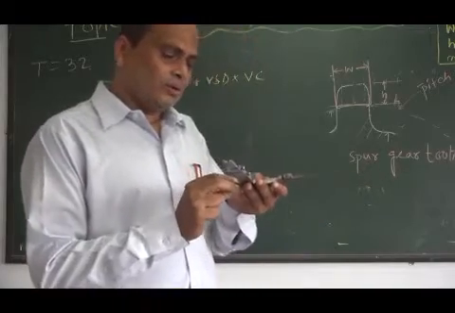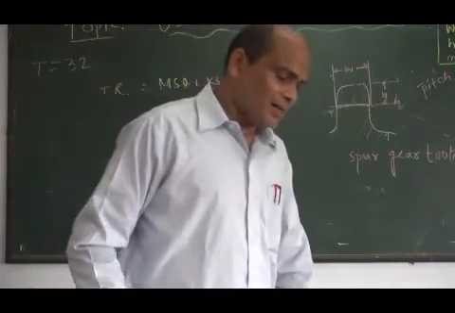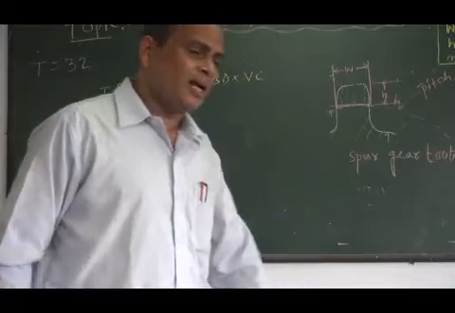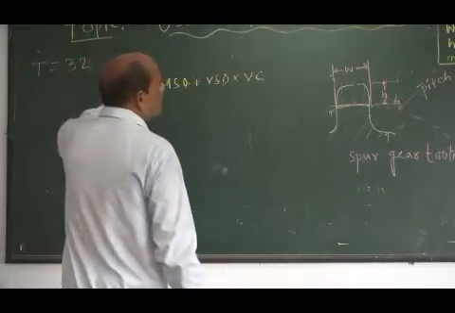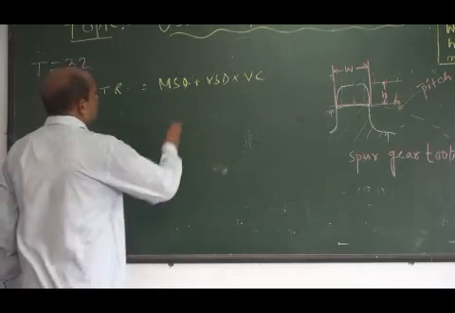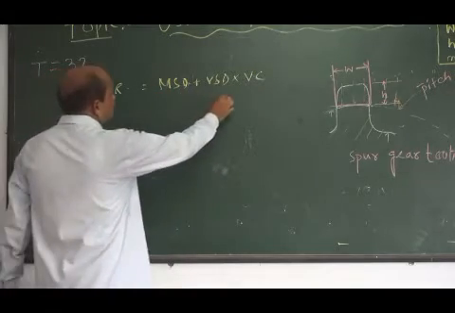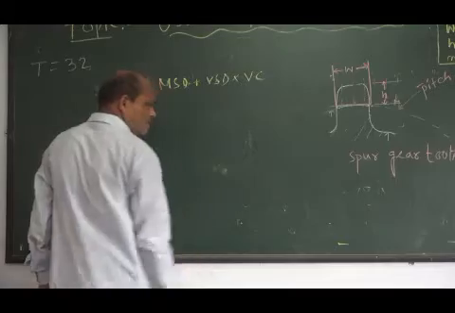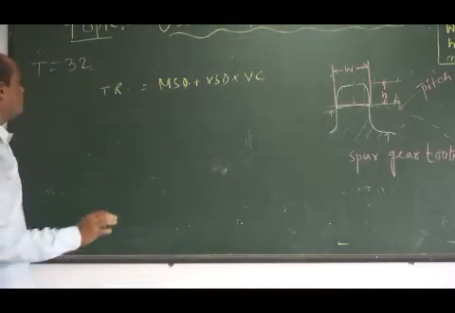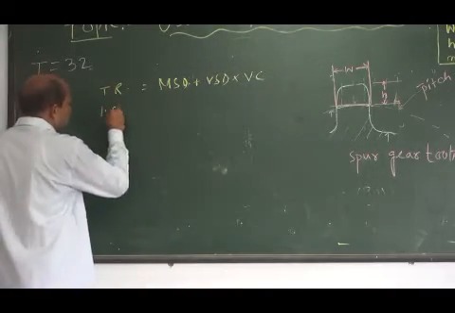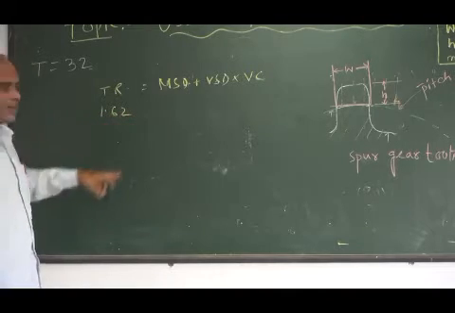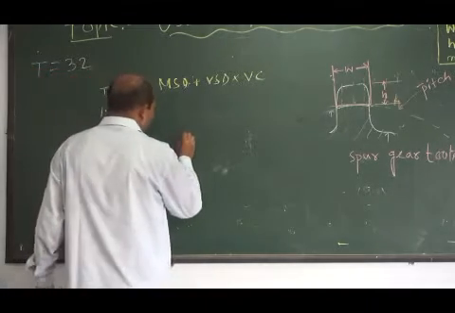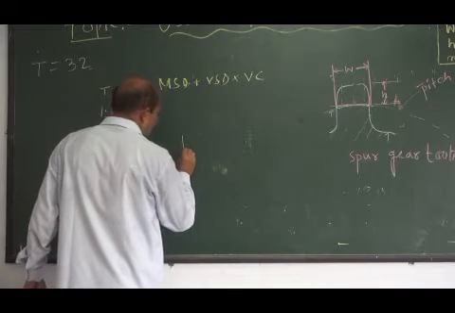So for adjustment of vertical vernier, we have to find out the vernier division, that is total reading H, that is known, that is equal to main scale division plus vernier scale division into vernier constant, the formula we know. That is equal to 1.62, that means 1 millimeter, 0.62 millimeter.